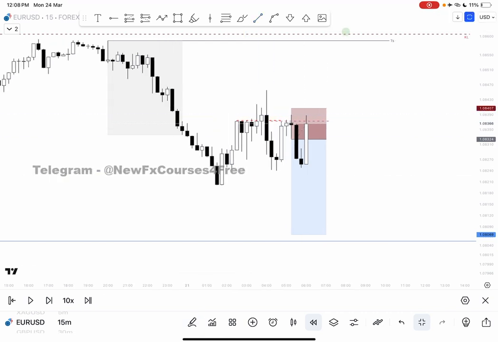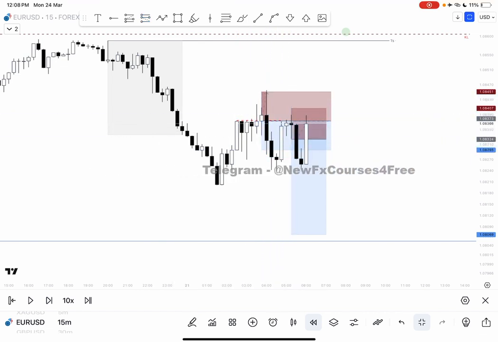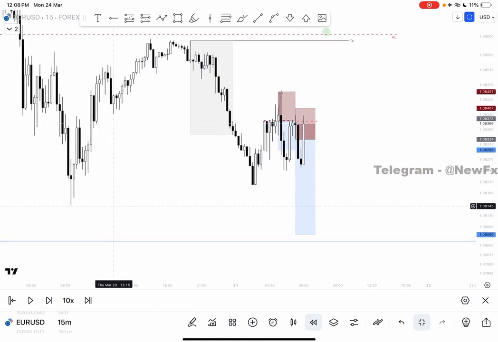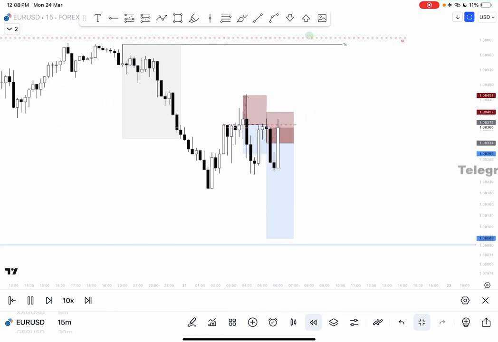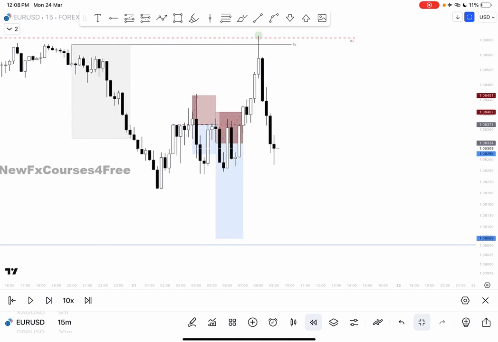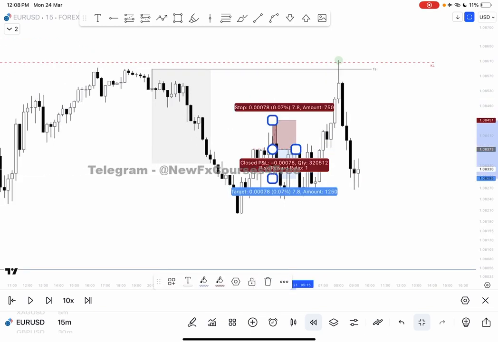Sell from here, and target where previous day low here, and you lose all your money, you go broke. So don't do that, please.